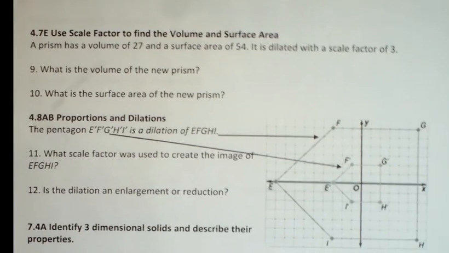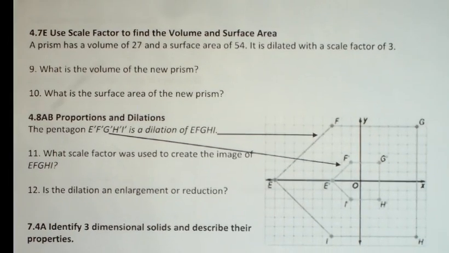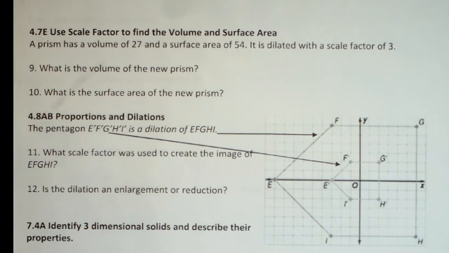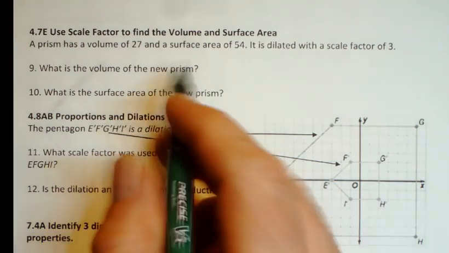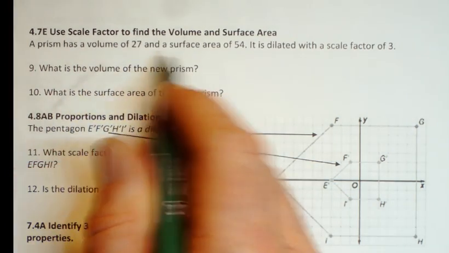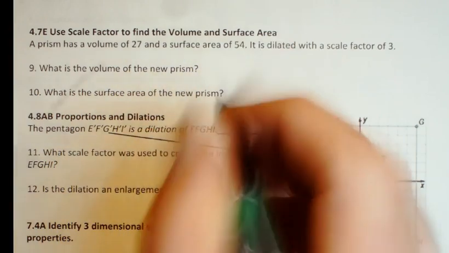All right, a prism has a volume of 27 and a surface area of 54, and is dilated with a scale factor of 3. What is the volume of the new prism? So it's dilated with a scale factor of 3.